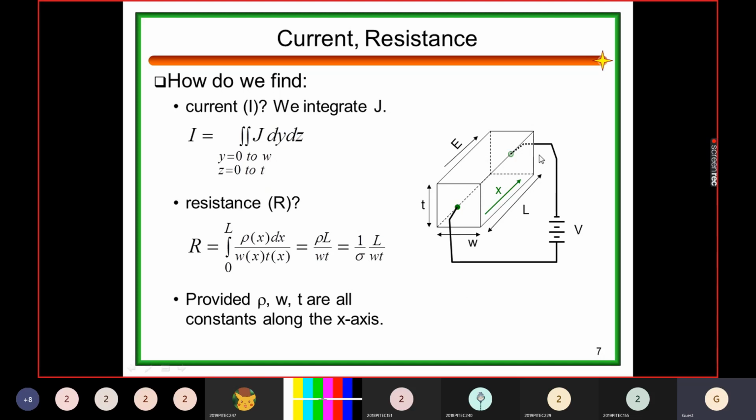What they will tell you to find is, they will give the length, the width, and also the time period. And with respect to this, you have to calculate the resistivity. The resistivity in this case is given by the formula. Note down this formula: L divided by sigma W into T. Now let us move to the next part.